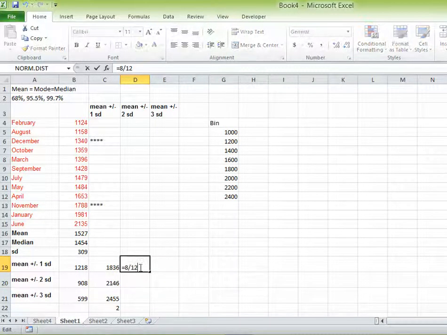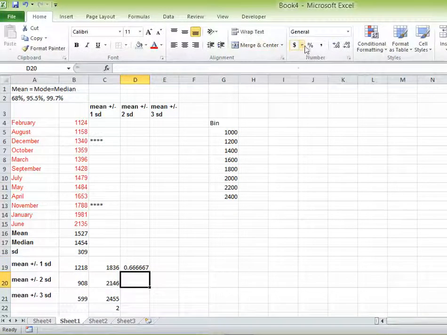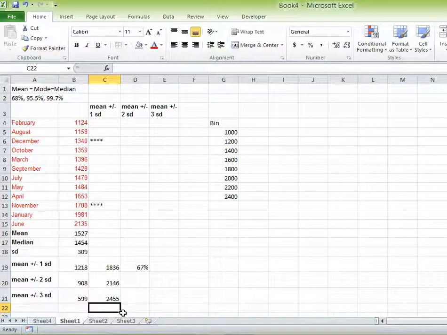And what do we have? Well, let's put it in percent. Put all three of those in percent. Percent button, where'd you go? There you are. What's this 2 doing down here? Don't know. 67. That's real close to 68%. That's showing some strong evidence that this is a normal distribution.